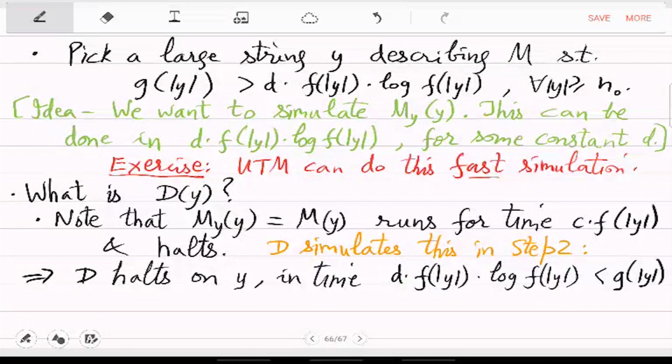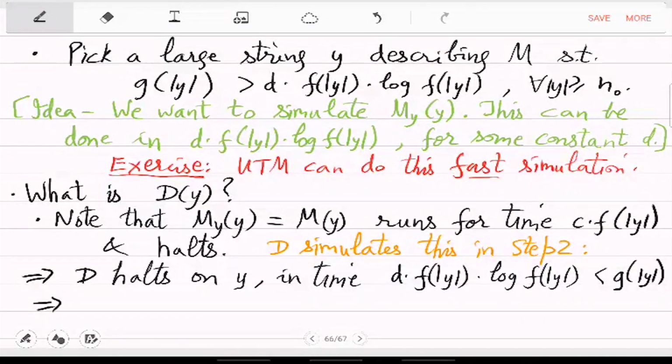So hence it will be possible in step 2, because the simulation time is actually smaller than the time D has in step 2, right? So it will actually give an answer and it will follow 2.2.